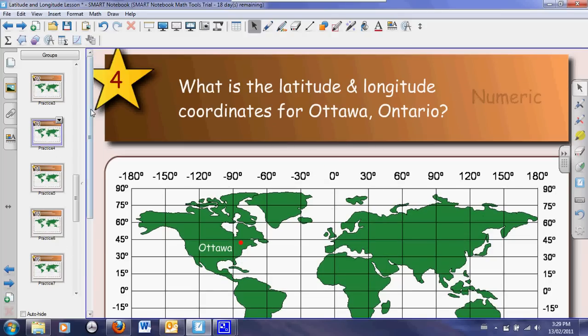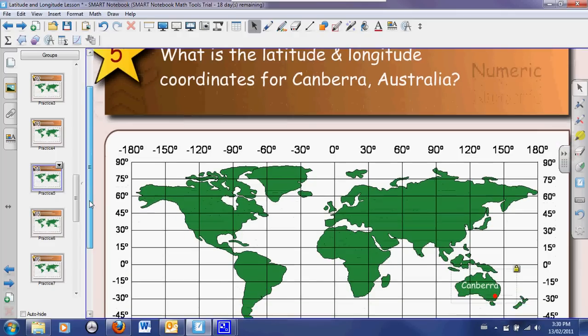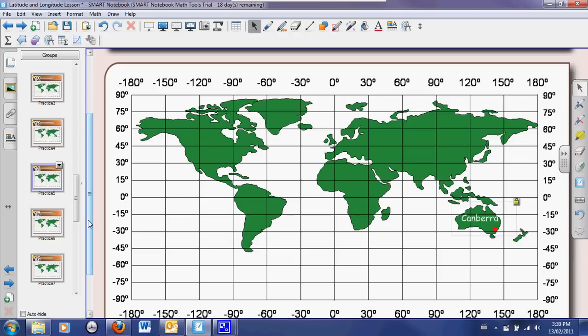Next one, Ottawa, Canada. We're just below the 45 degrees, so I'd say about 40 degrees north and 80 degrees west, approximately. We're going to do an assignment in the atlas, and you're going to have to be a lot more precise than what I'm doing right now.